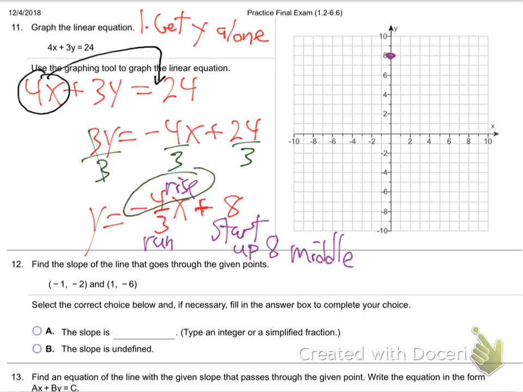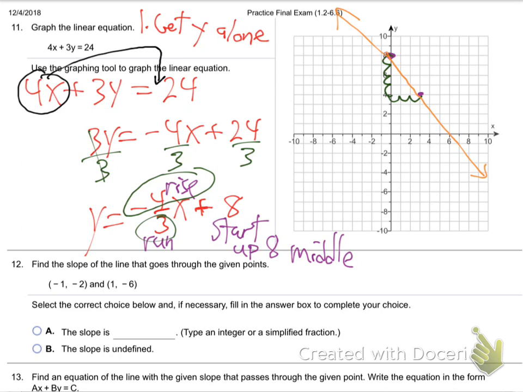You rise negative 4. How do you rise negative 4? Down 4. 1, 2, 3, 4. And then run. Go sideways 3. 1, 2, 3. So there's the second dot. There's our 2 dots. And then connect the dots, and you got your line.